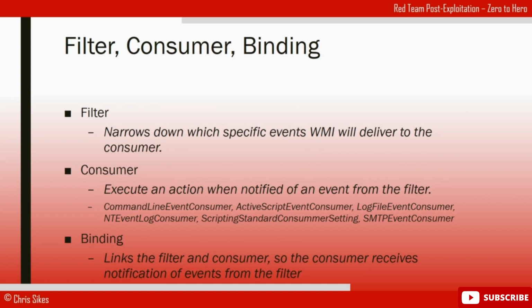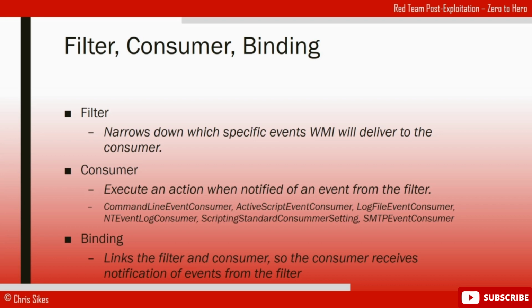The filter for WMI event subscriptions narrows down the specific event and delivers it to the consumer, so the consumer executes an action. The filter can trigger off specific events such as a process being created or deleted, or even a change in the system's time. The consumer is the action that takes place after the triggered event.